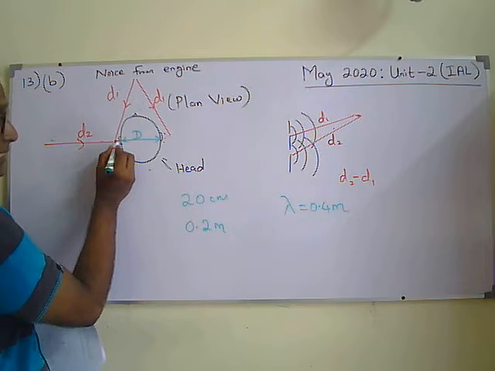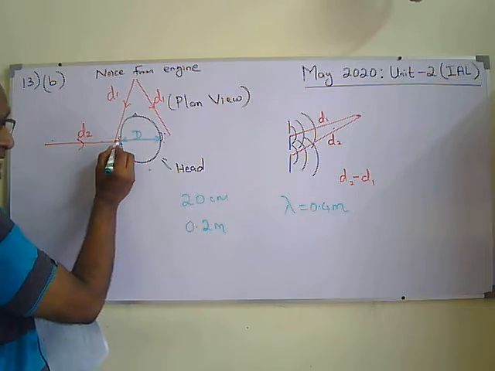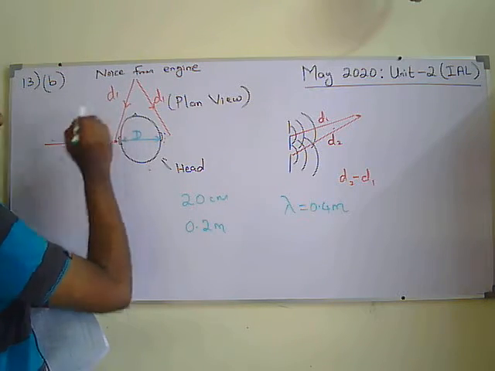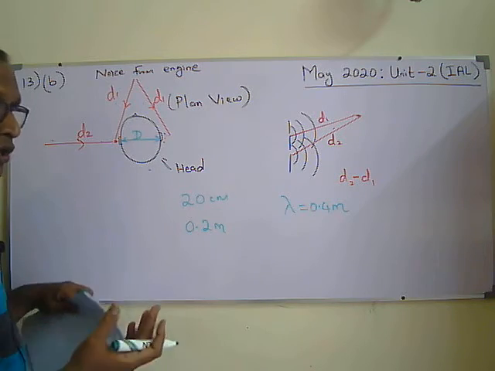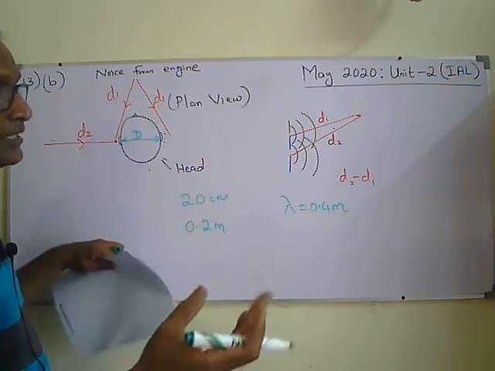At the left ear destructive superposition is happening, so the path difference between d2 and d1 is either lambda by 2, or 3 lambda by 2, or 5 lambda by 2, and so on.